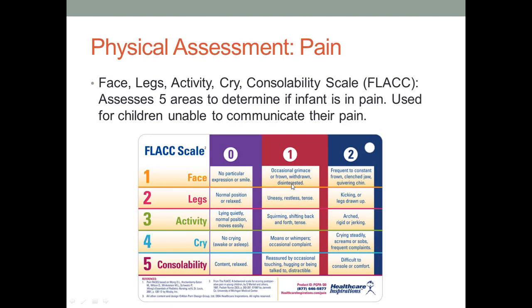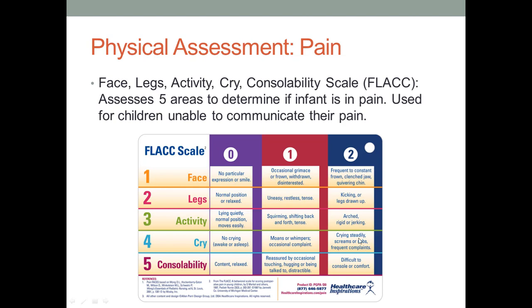There's also the FLACC scale, where you're looking at their face, their legs, their activity, their cry, and their consolability. As you can see on this, if they are relaxed, their legs are in a normal position, they're laying quietly, they're not crying, and they just look content, they're going to score a 0.